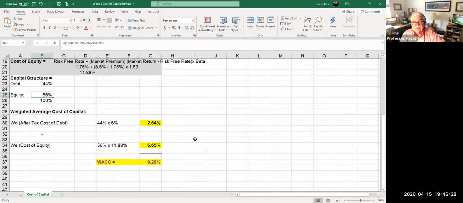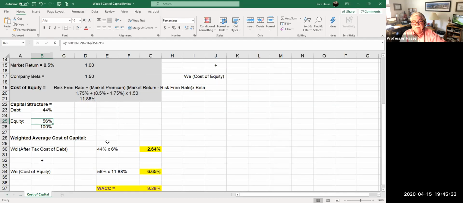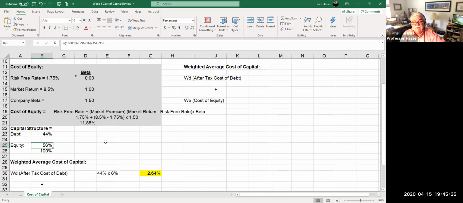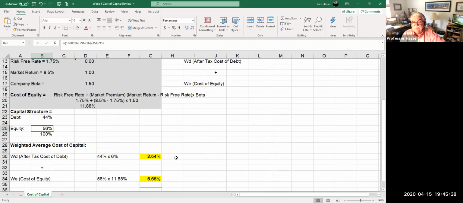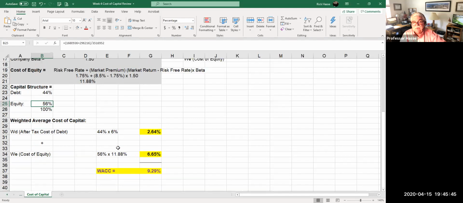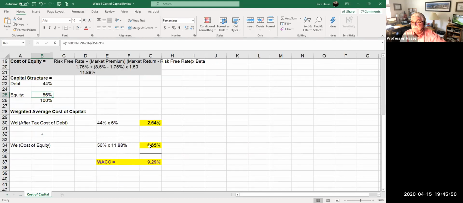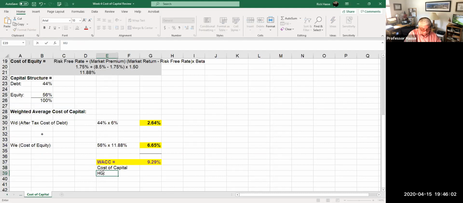And here's the calculation here. 44% capital structure times 6% debt, 2.64%. 56%, the weight of equity in this company in the capital structure, times the cost of equity, 11.88%, 6.65%. The company's WACC.